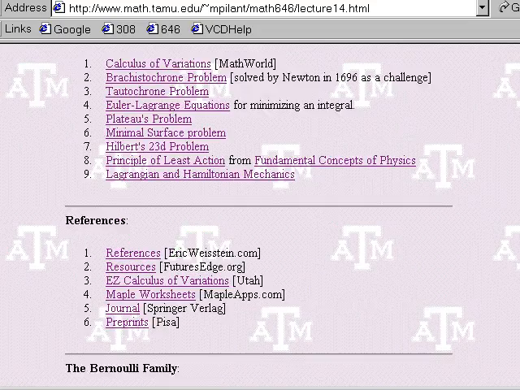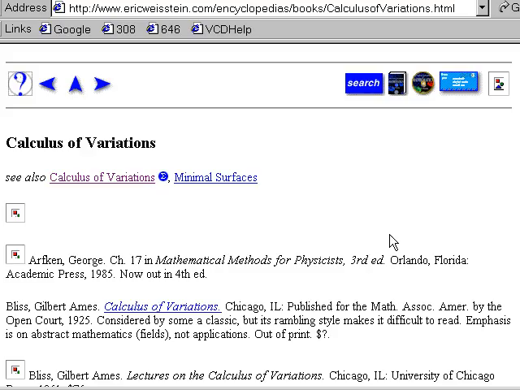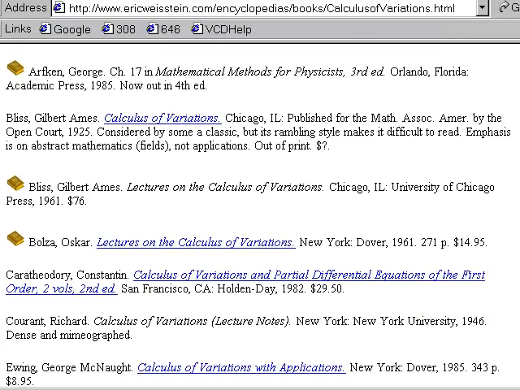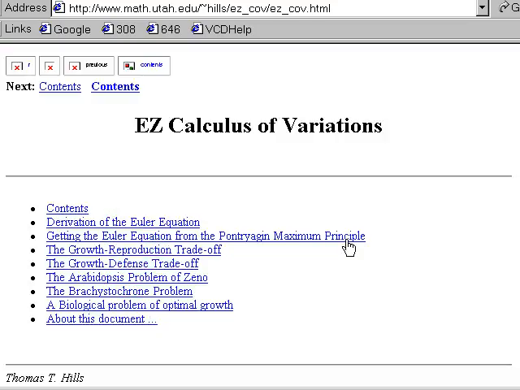Now, I've actually given some references in case this isn't familiar. Most of this is out of the Wolfram, Eric Weinstein's encyclopedia that they acquired. So these are references on the web to calculus of variations. There's also a nice little HTML called the Easy Calculus of Variations.